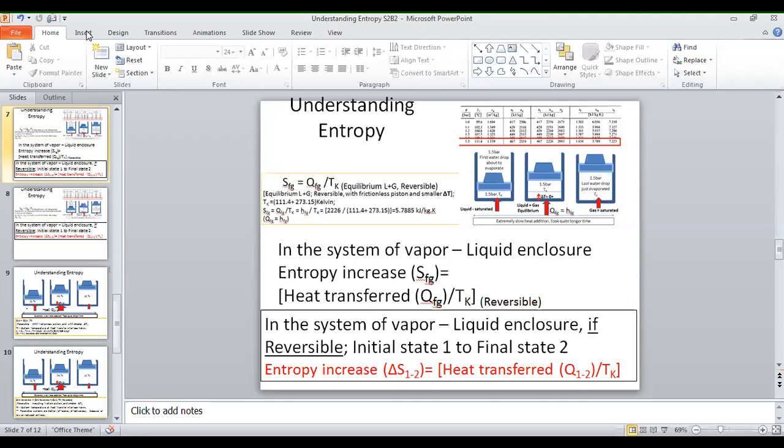So how to upload? Okay, add file, browse, downloads. Yes, Understanding Entropy. I found it.